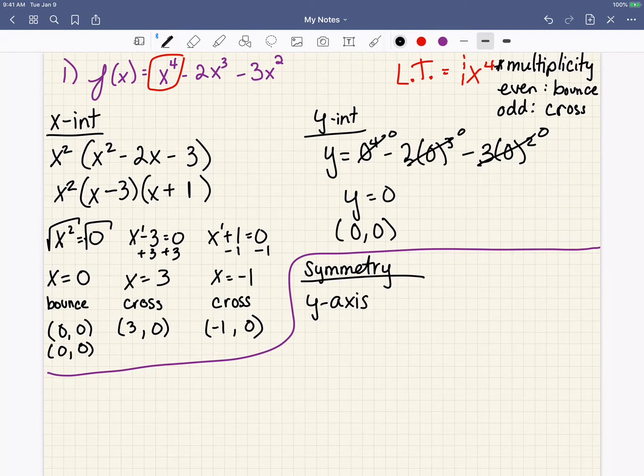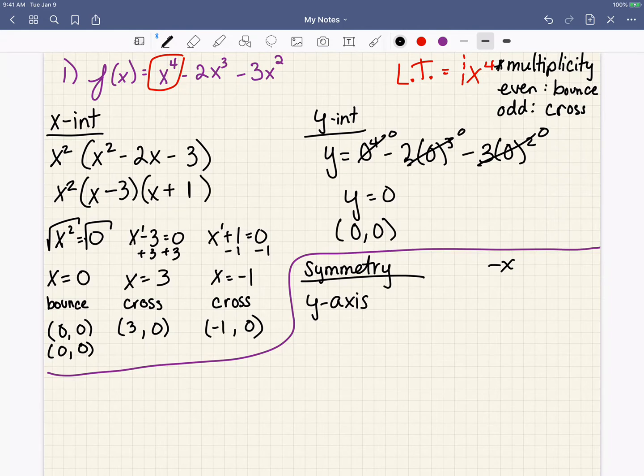My goal is to see whether, if I plug in negative x to every place that I have an x value, it equals the same as the original, then they are symmetric.